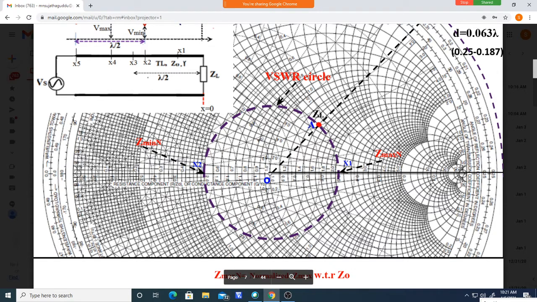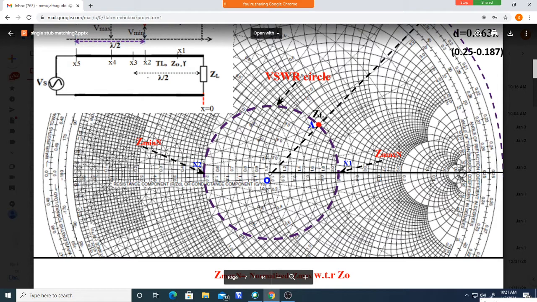G value is 1 and B value may be something. The real part of the admittance is 1 here. So you draw a line passing through this point, measure the distance from here to here, and you will get the distance at which the real part of the admittance is 1.